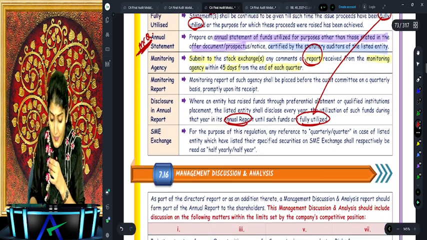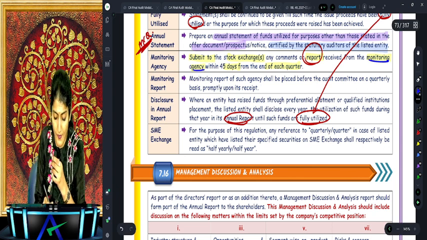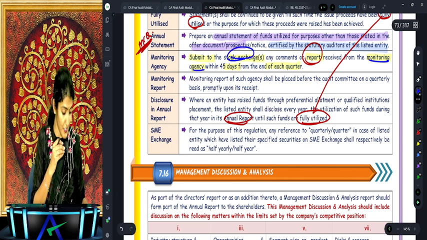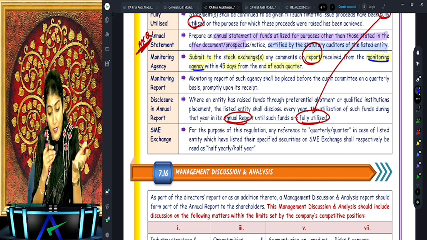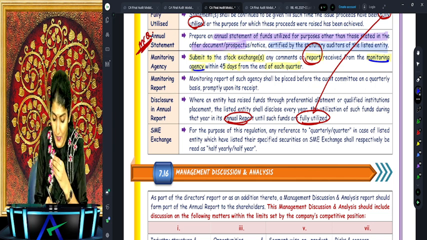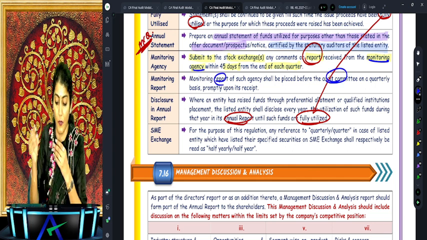And the monitoring report of such agency. So what do we do with the monitoring agency's report? We submit it to the stock exchanges within 45 days from the end of each quarter. And what does it say? This monitoring agency's report will also be placed before the audit committee on a quarterly basis promptly upon its receipt.